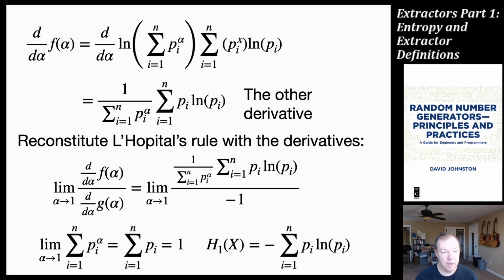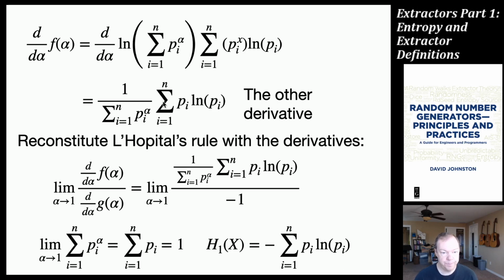So we can say that the differential of the numerator is the differential of the log of the sum of p to the alpha times the sum of p to the alpha log p.